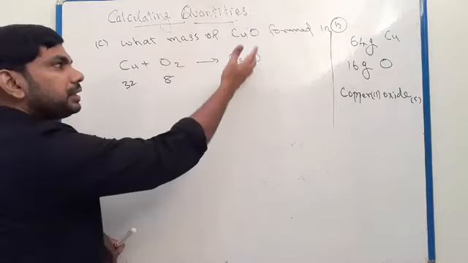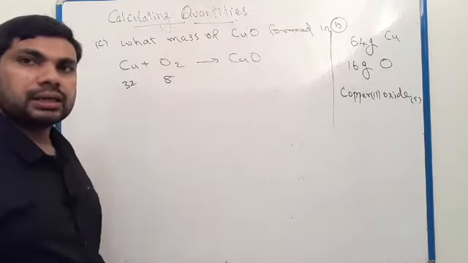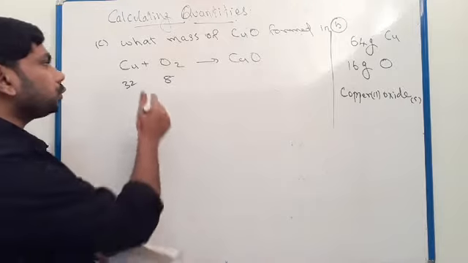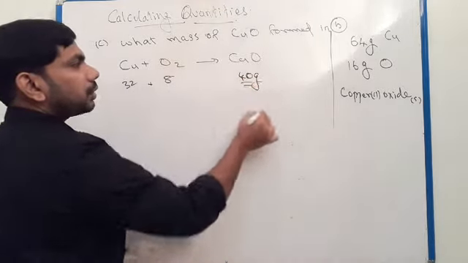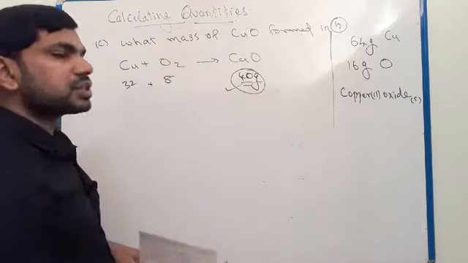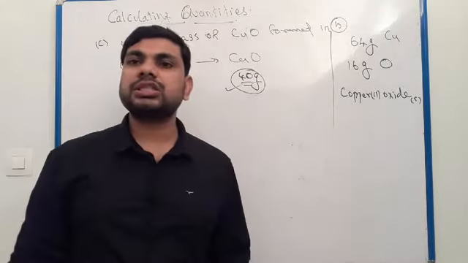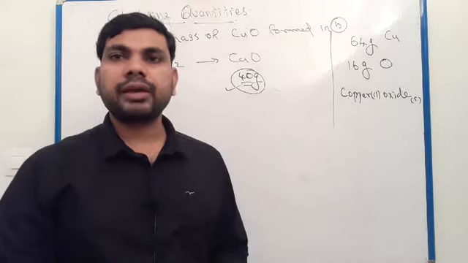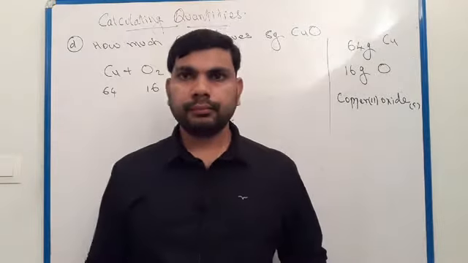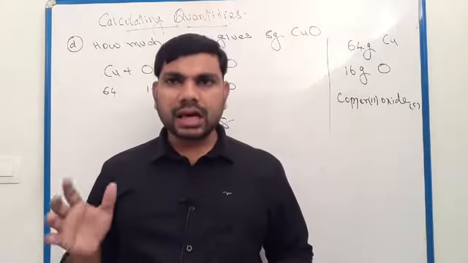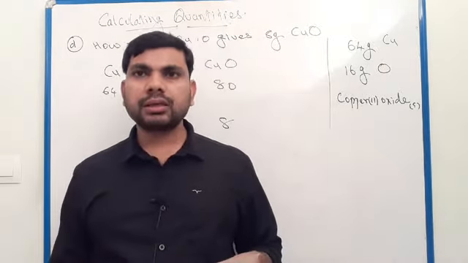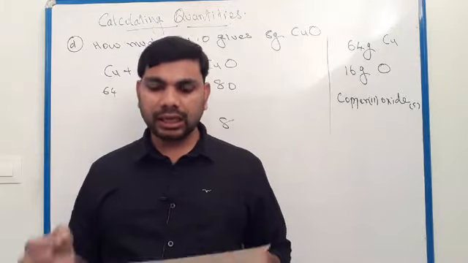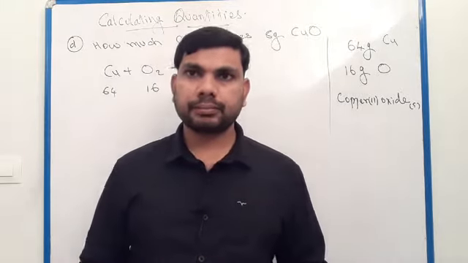What will be the mass of copper 2 oxide? It will be 32 plus 8, so it will be 40 gram, because mass of reactant does not change during chemical reaction. Clear?